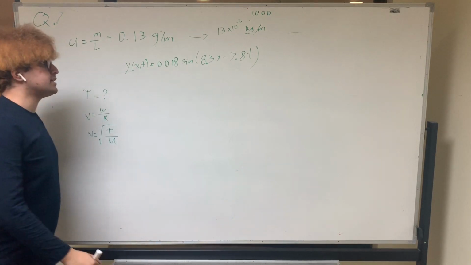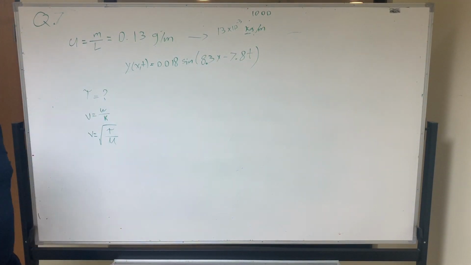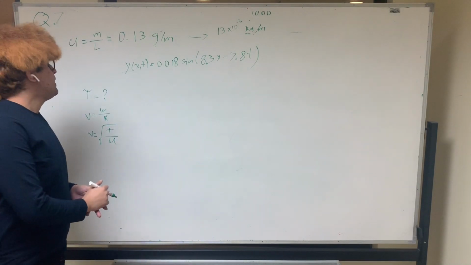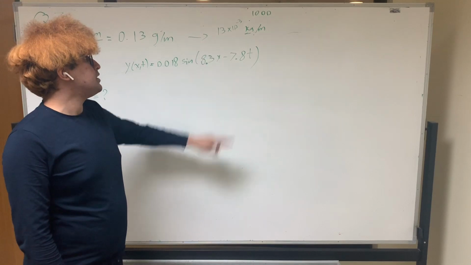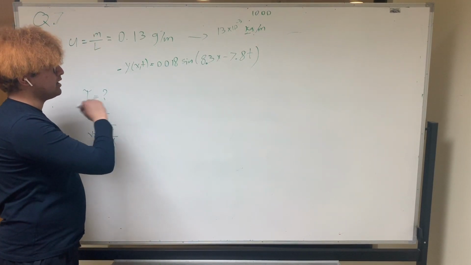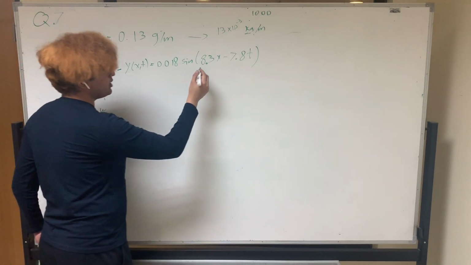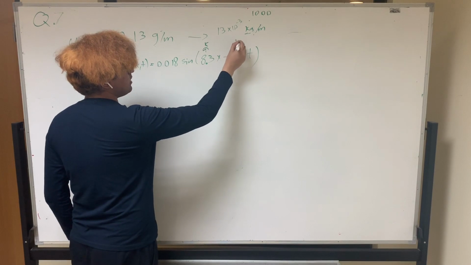Try to get your prefixes straight, so this will significantly help you in changing units. Okay, so the linear mass density is 13 times 10 to the negative 3, and we're given this equation. And if you know your equations, you will know that this value here is k, and here is omega.